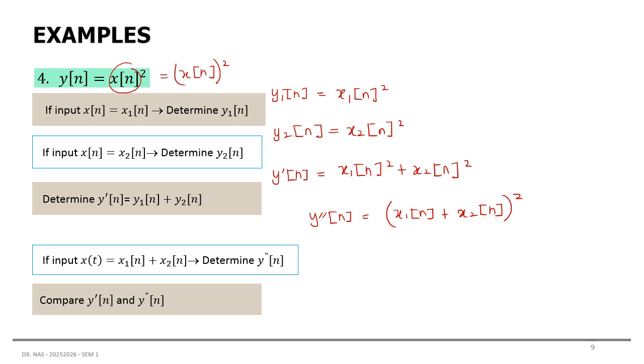You need to expand the equation in order to compare with y prime[n]. Finally, compare both y prime and y double prime[n]. You should notice that y prime[n] is not equal to y double prime[n]. So in this case, the system is a non-linear system.